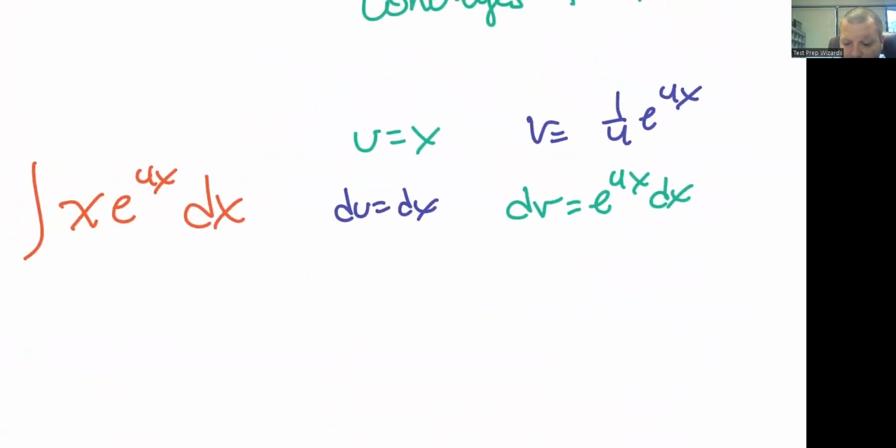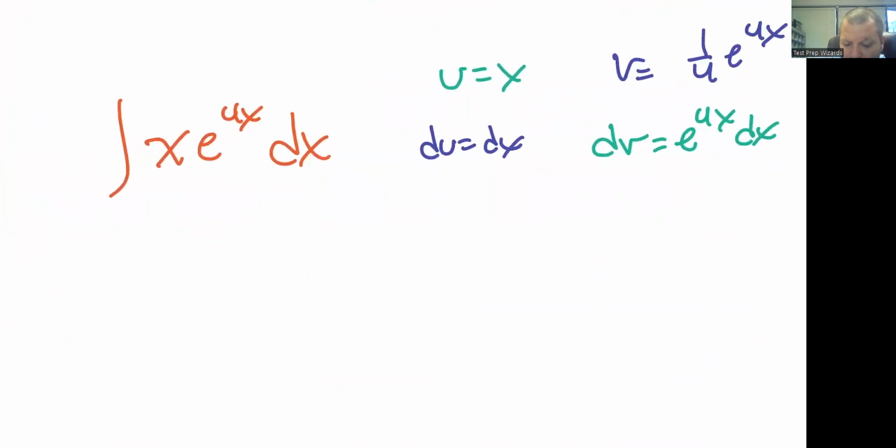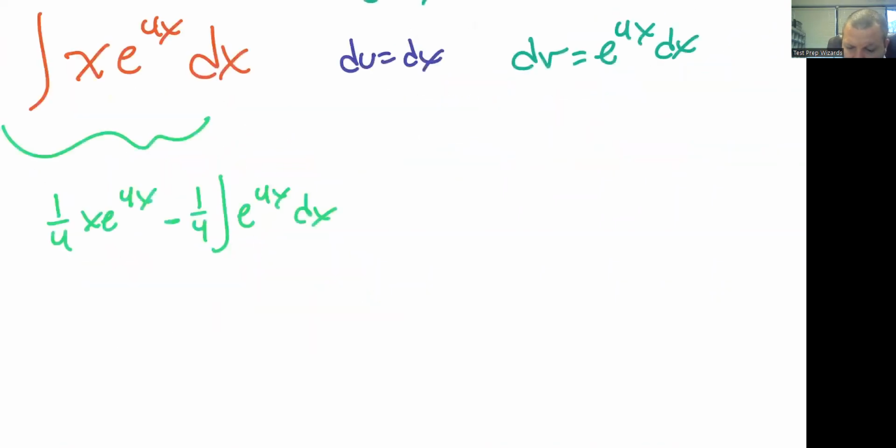So in here, we would do a little bit of integration by parts. This is going to be x times 1/4, so 1/4 x e to the 4x, minus the antiderivative of v du. So I'm going to pull that 1/4 out and just get an e to the 4x dx. This is going to be a sweet little integral over here.